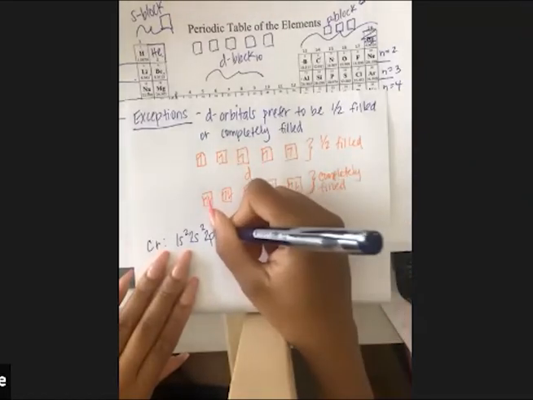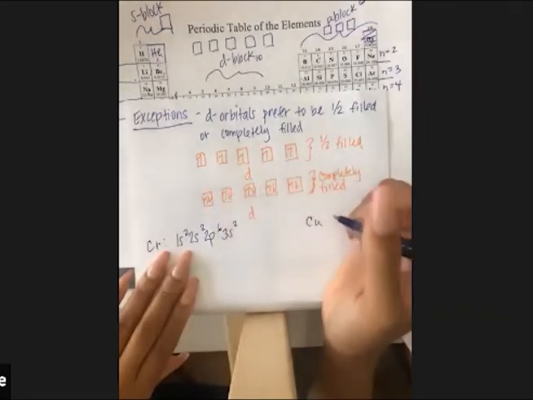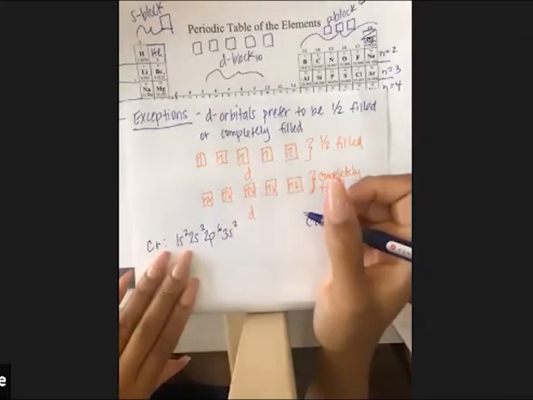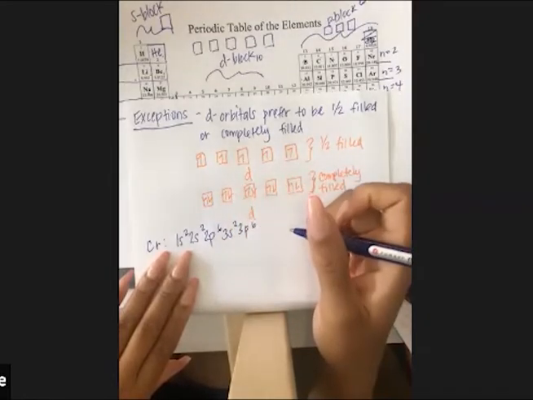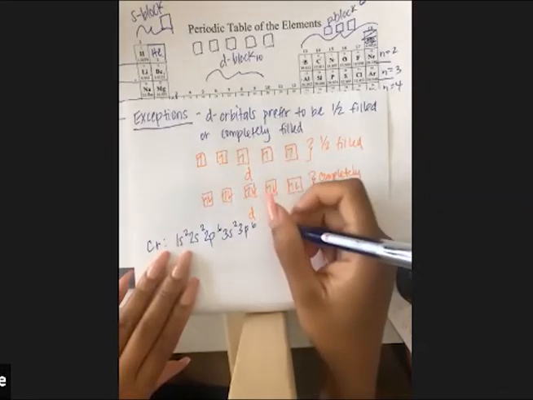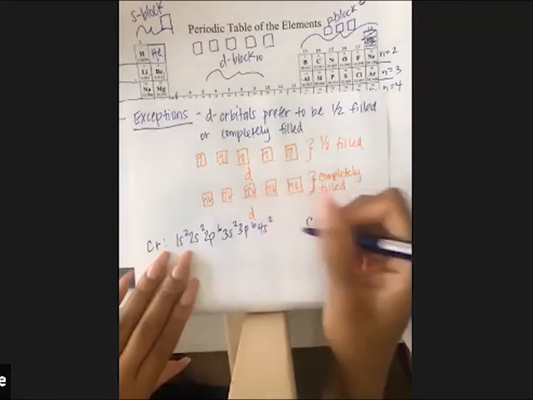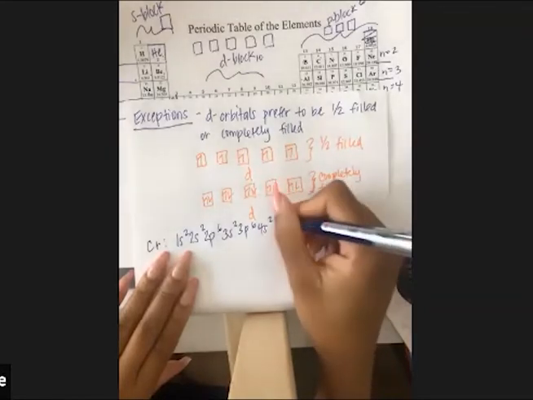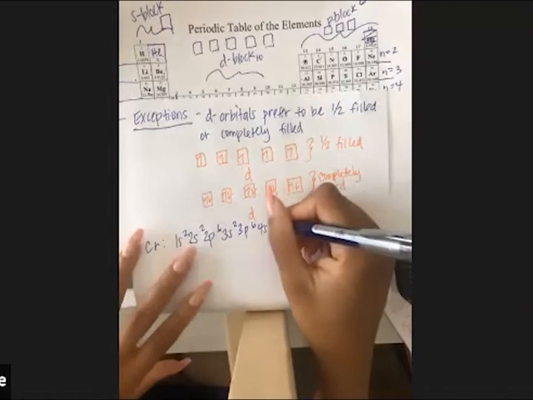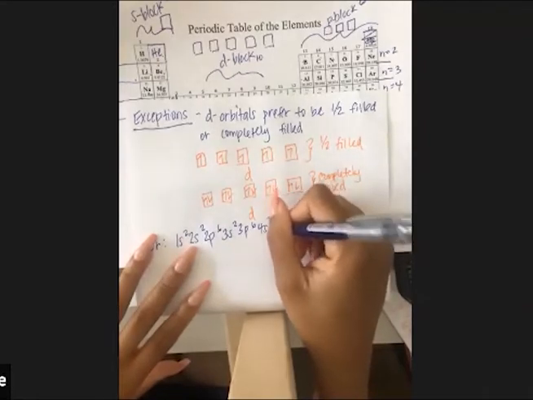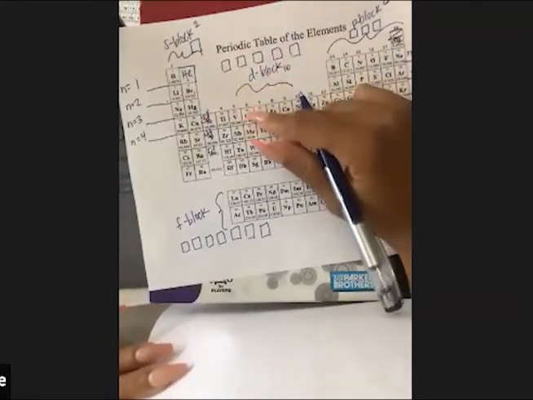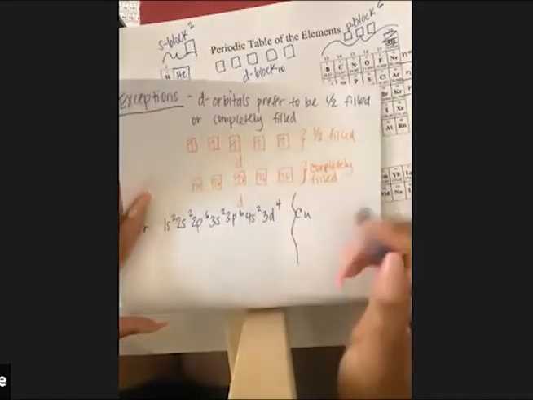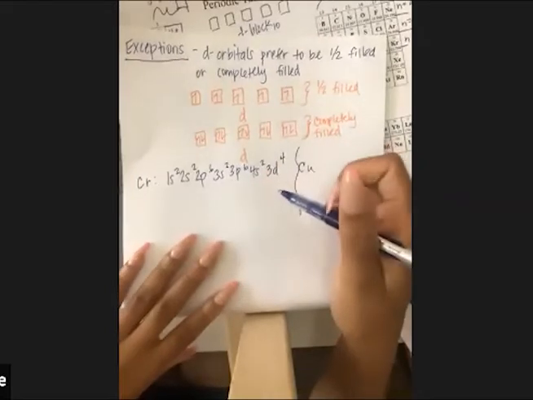Then we go back to 3s2, 3p6, then 4s2, and then 3d4. You guys see 1, 2, 3, 4. Chromium, 3d4. So that's what we think the electron configuration is if we do it the regular way.